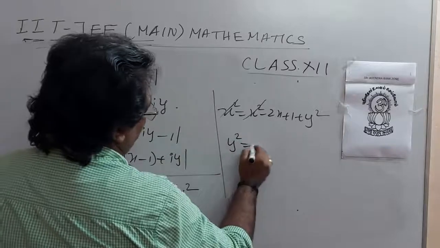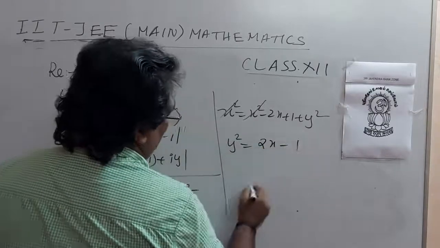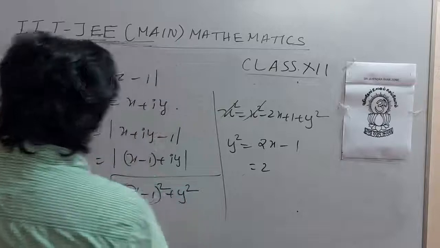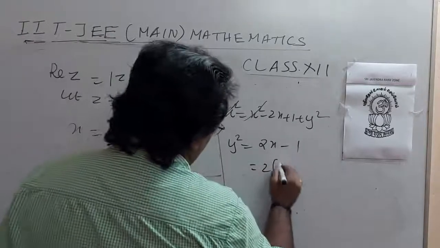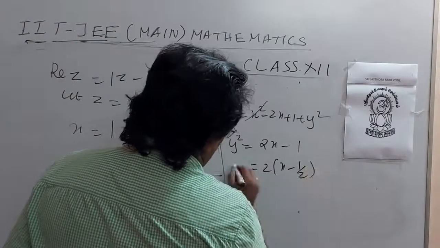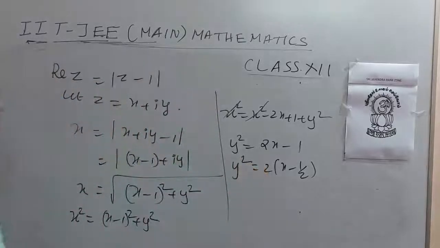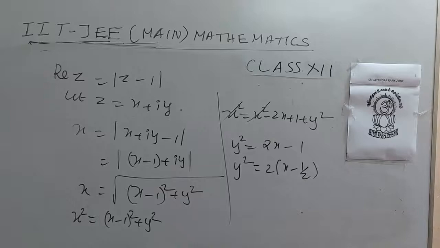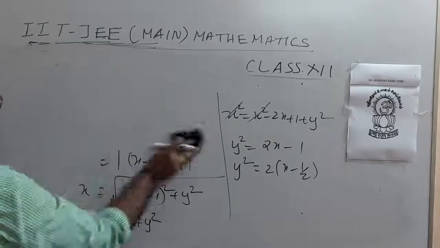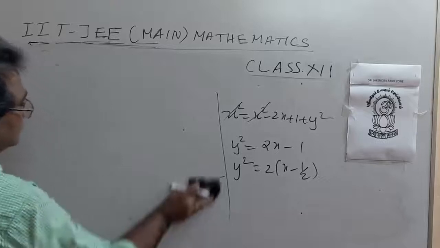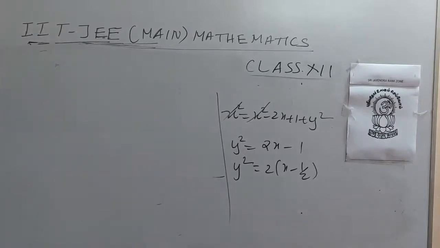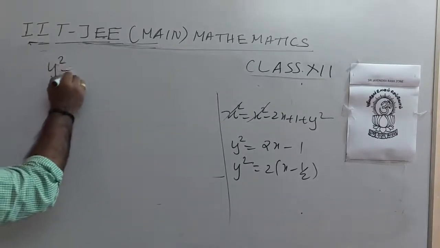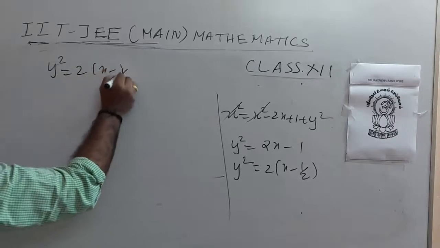So y squared equal to 2x minus 1, that is 2 into x minus half.